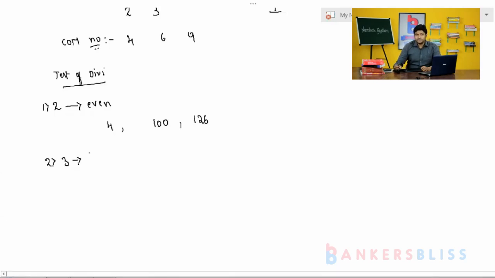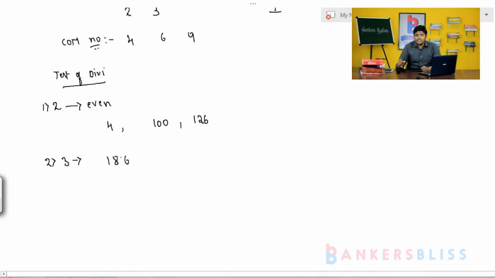Very simple. You calculate the sum of the digits of the given number. If the resultant sum is divisible by 3, then the given number is divisible by 3. For example, you take the number 186.